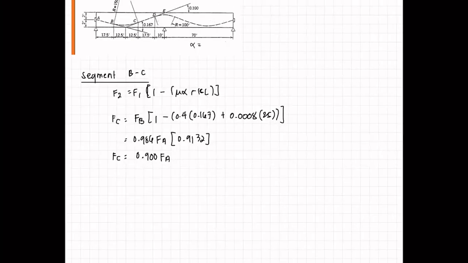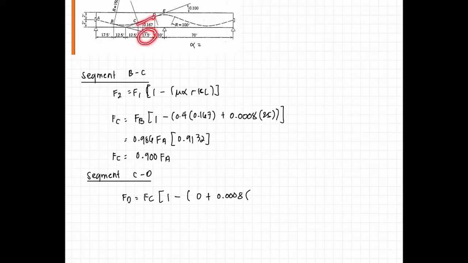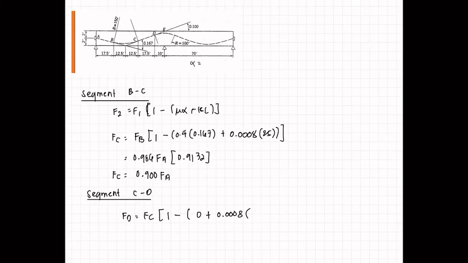So continuing with the next segment, segment CD. Okay? So makikita natin dito, segment CD is a straight, no? Wala siyang curvature, hindi siya nagka-curve. So sabihin FD is equal to FC times 1 minus yung ating curvature effect will be 0 plus 0.008 times yung length niya, which is from C to D, 17.5.